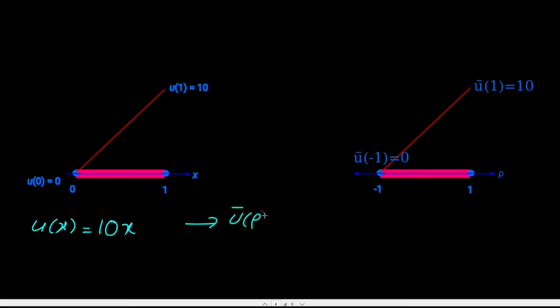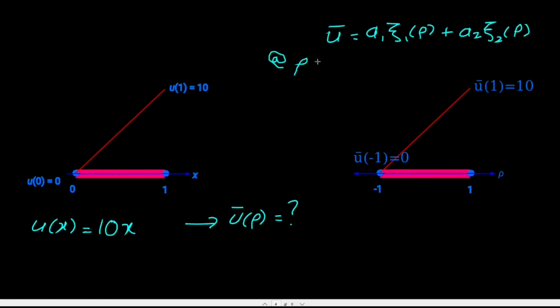If you look at the setup here, we start with the standard expression of u bar with these basis functions. So we set the endpoint ρ equals -1, where the value is 0, so that automatically you can see that a1 must be 0.